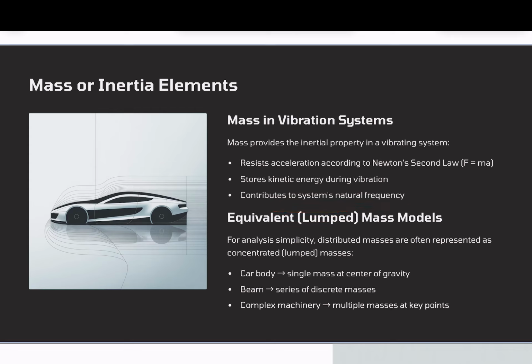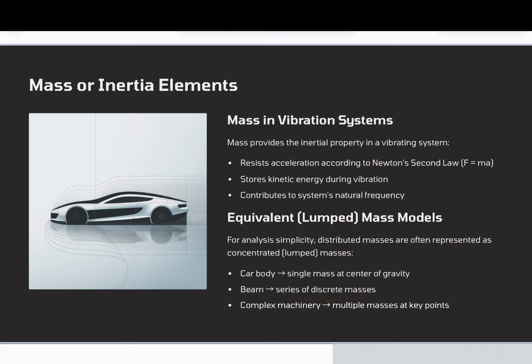The equivalent lumped mass models, what does that mean? For simple analysis, we distribute the masses, or often represent them as a concentrated lumped mass. To simplify the study, we assume, for example, a car body as a single mass at the center of gravity, or a beam can be modeled as a series of discrete masses along its length.